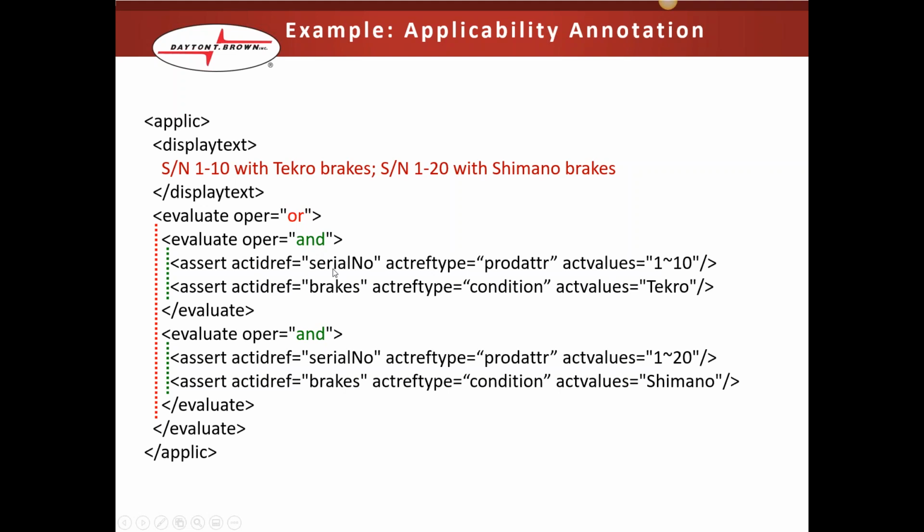So it means that serial number and brakes, this and this, so these are ands, so must meet that condition and that condition. So that product attribute with that condition, or this product attribute of 1 through 20 with this condition of Shimano. Creates this statement. Serial numbers 1 through 10 with these brakes, or 1 through 20 with Shimano brakes. So as long as the thing that you're working on meets this criteria, well, then that data applies to you.